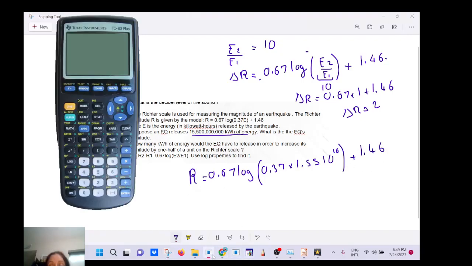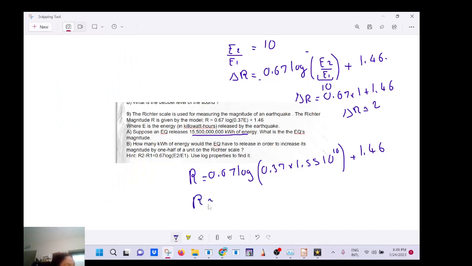It's nothing very interesting here, just using this. So let's start with the log: 1.55 times 10 to the 10, close the parentheses, enter, times 0.67, enter, plus 1.46. That's going to be about 8 on the Richter scale.